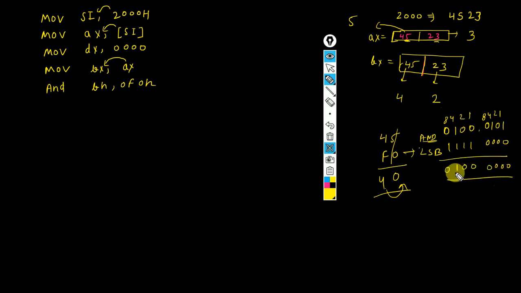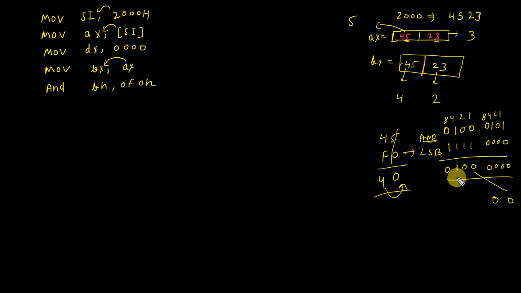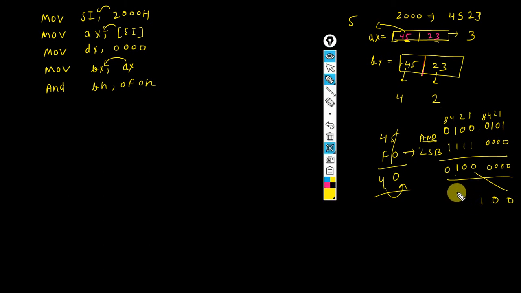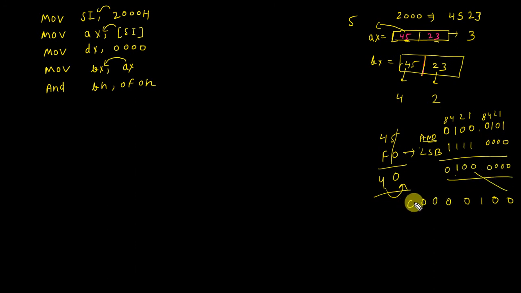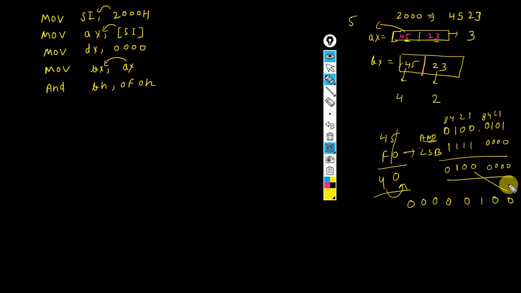The bits shift around, so this is your 0 and this is your 4.